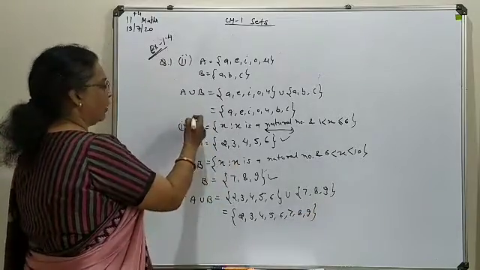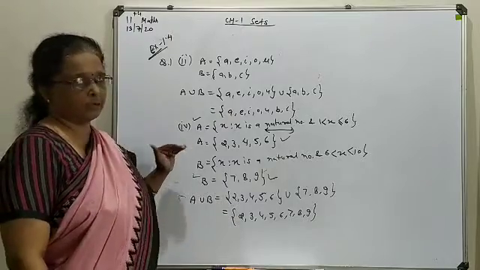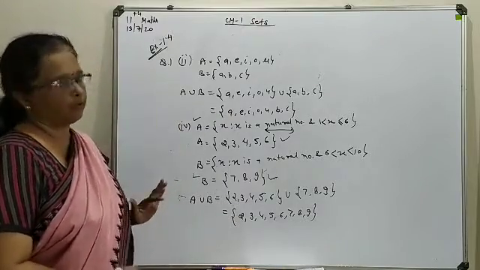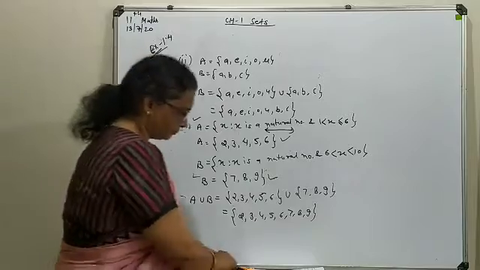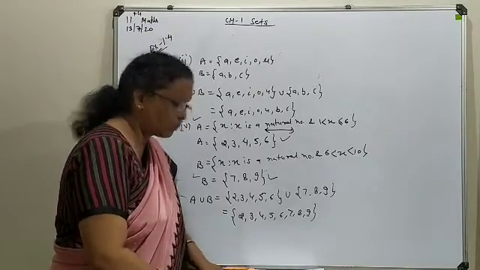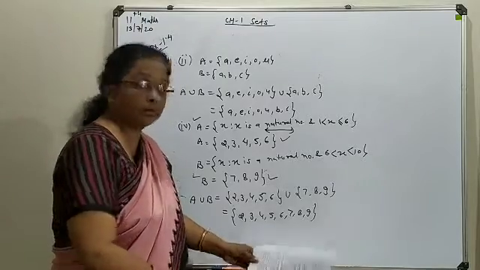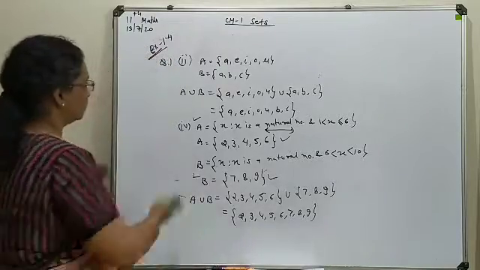This way, on the basis of the given information, first list out the elements and then go for whatever operation is being asked. Next we move to question number 4, in which different combinations related to unions are given.